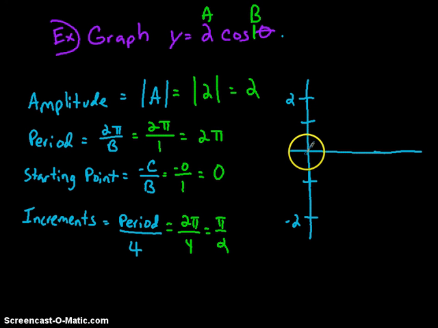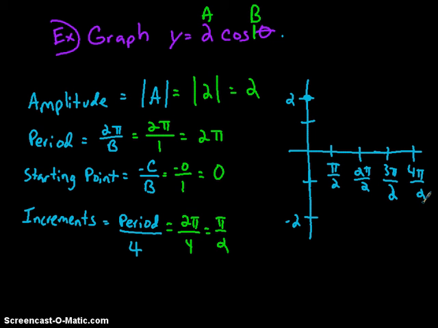I know my starting point is at 0, and each increment is going to be pi over 2 from the last: 1 pi over 2, then 2 pi over 2, 3 pi over 2, and 4 pi over 2.